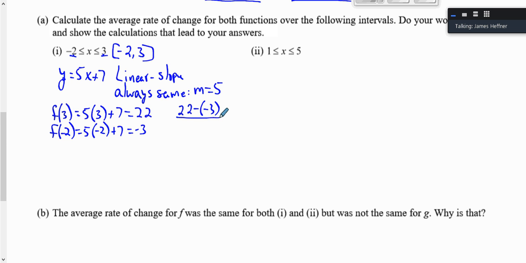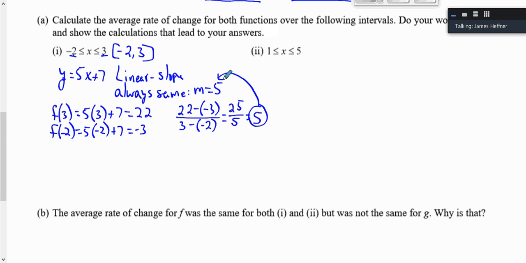Don't ever put minus signs together, okay? Divided by what? What are the two x values that go with those? We're going to do 3 minus parentheses -2. So that's 22 plus 3, which is 25, over 5, equals 5. So we verified.